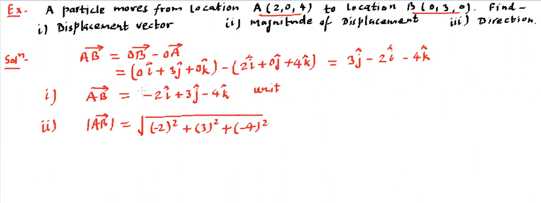The i coefficient is minus 2, so I'm squaring minus 2, and it will convert into plus. Similarly, 3 I'm squaring, and k cap has a coefficient minus 4, hence I'm squaring minus 4 and putting the plus in between. So take care of this. There can be a chance of making a mistake, and you should not do so.